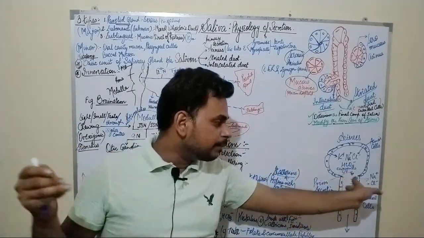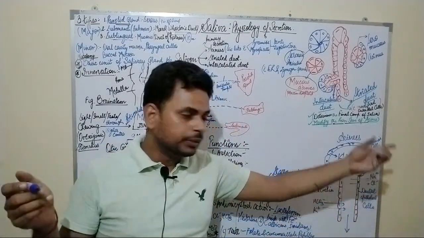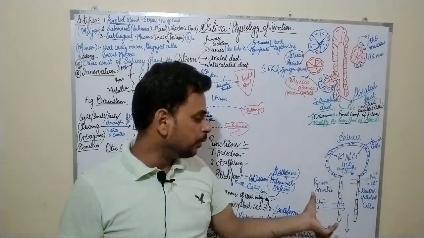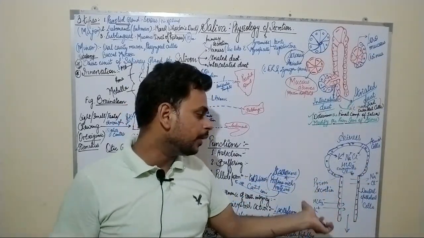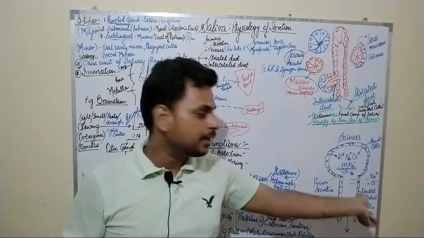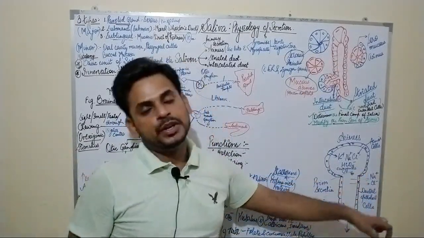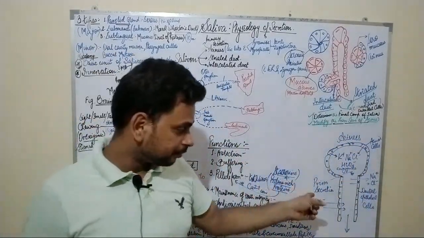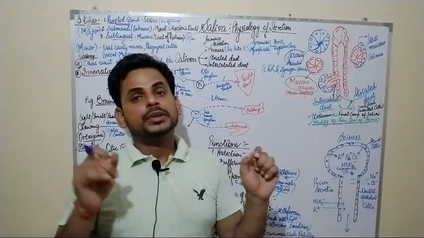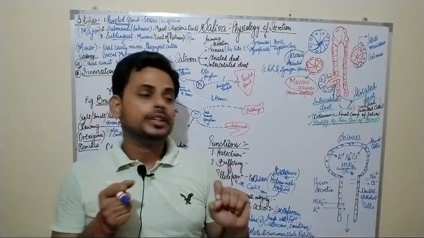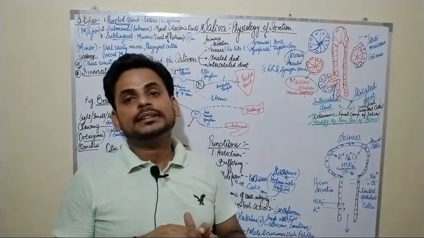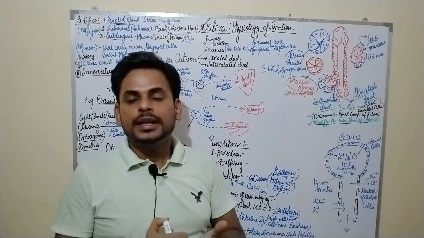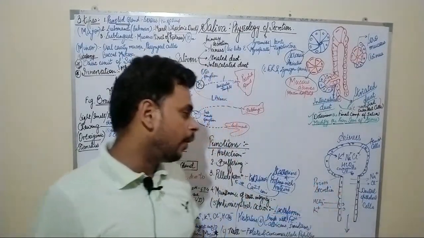So the sodium and chloride are reabsorbed through the epithelium, whereas from the extracellular or interstitial fluid, potassium and bicarbonates are pumped into the lumen. So the final salivary secretion is very rich in potassium and bicarbonate, and this is the mechanism by which the secondary secretion takes place through the exchange of certain ions.